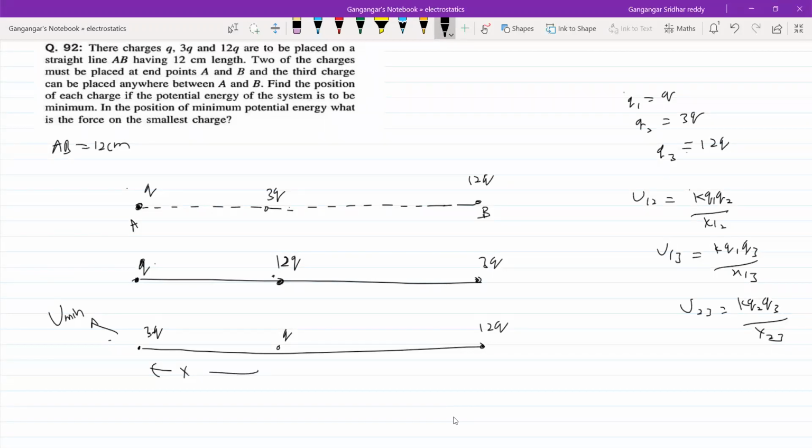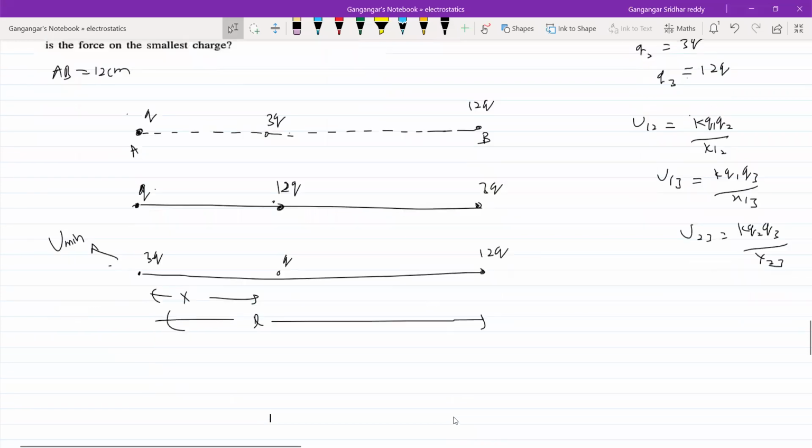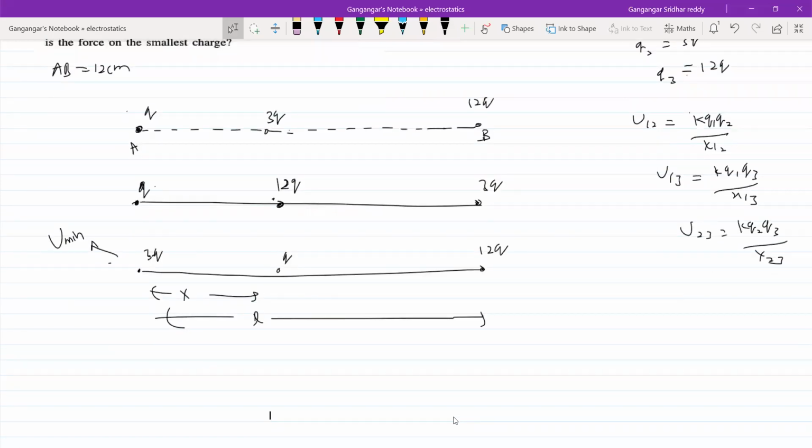Let this be X and this distance L. Write the equation. Are you getting it? So why did you pick the third diagram? Here minimum is not possible, it will be greater than minimum. The reason is that charges which have more magnitude must be separated by a larger distance so that you can make minimum potential.